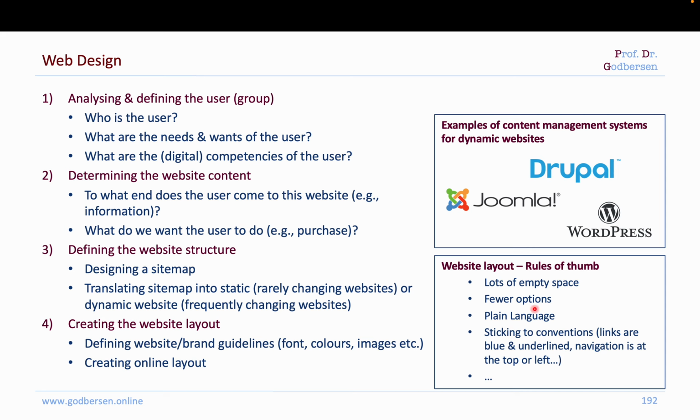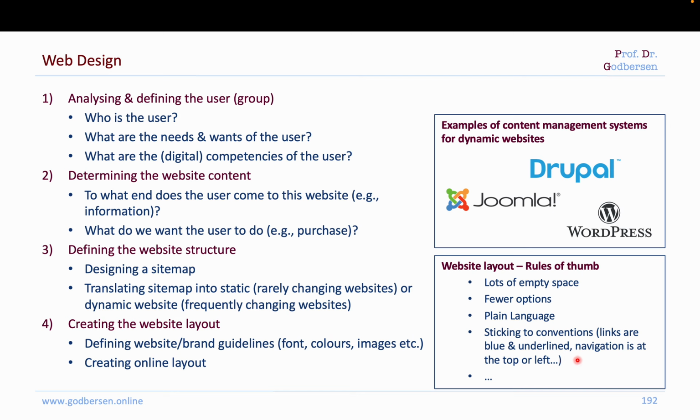So for the website layout, let me give you some rules of thumb. Have lots of empty space. Less is more. Don't confuse the user of your website with too much information. Give your user fewer options. Don't make it too complex. Use plain language. Again, don't make it too complex, and stick to conventions.